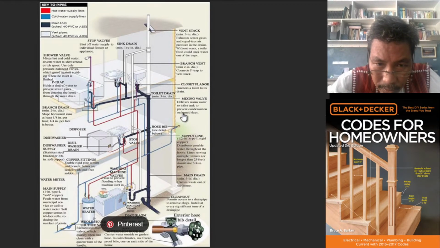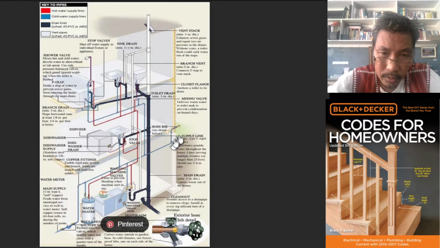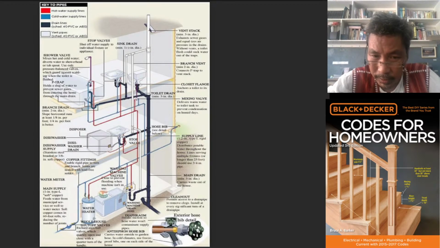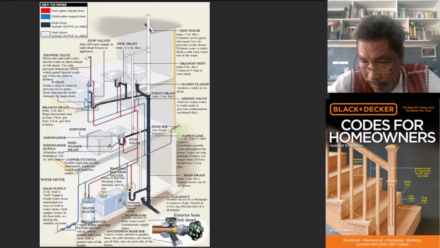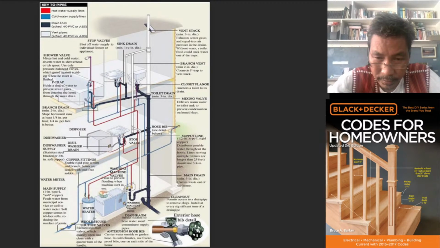So where is the hose bib? Here. This is the hose bib. A hose bib is a provision for connecting the hose. Water meter. I am sure that every one of you has already seen an actual water meter. Okay, let's continue.